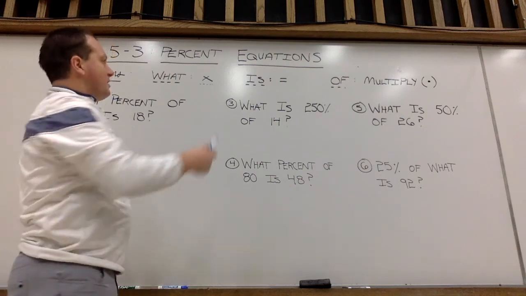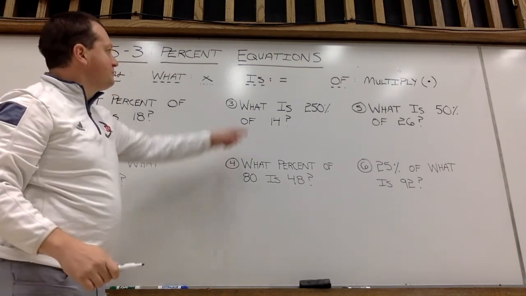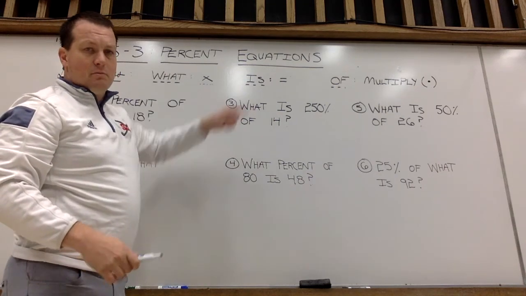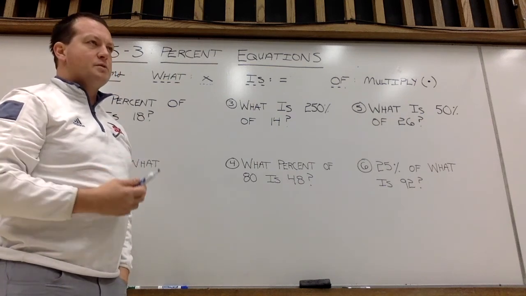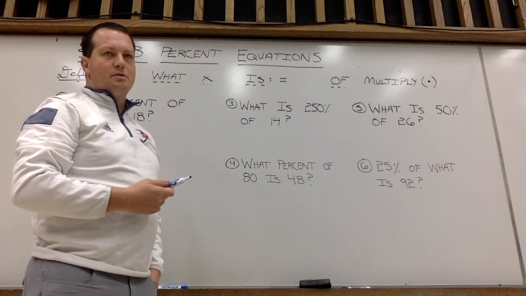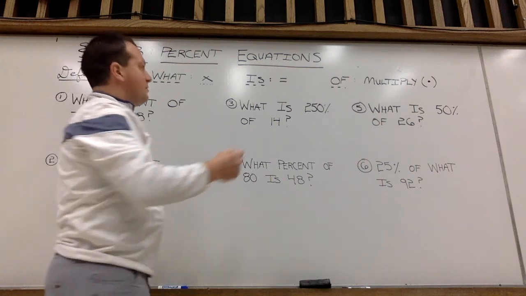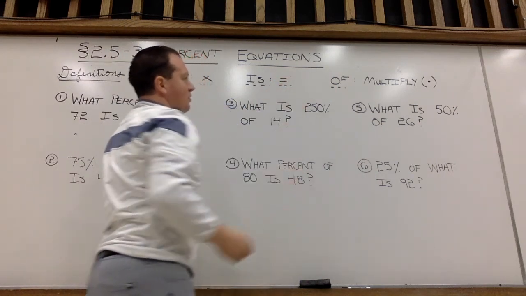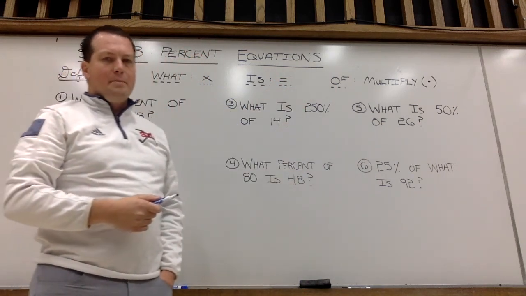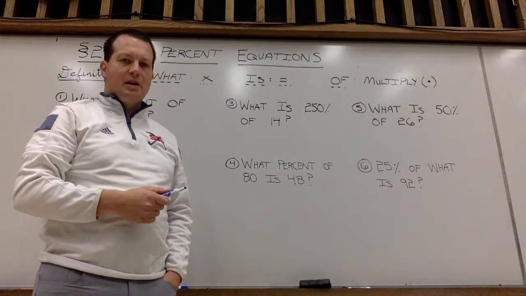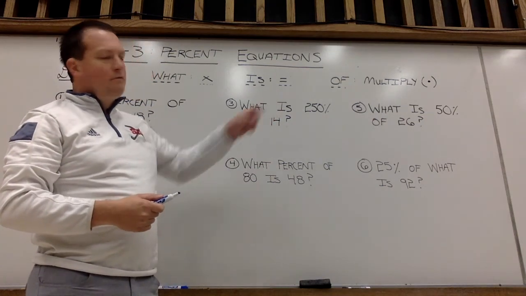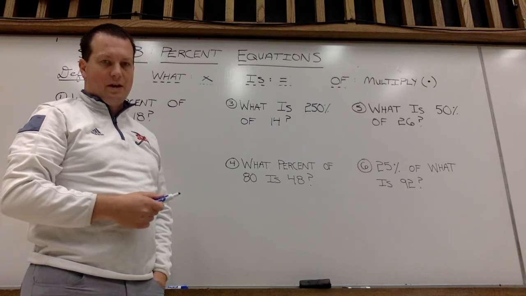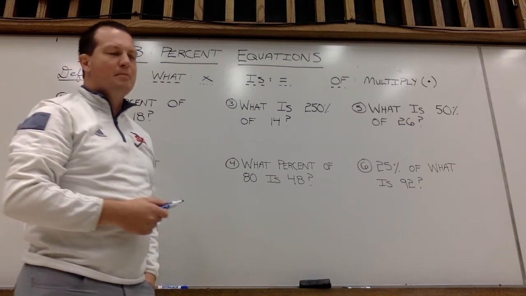I don't know what it is, so I'll call it X. The word is literally means equals. 3x is 15. 3x equals 15. And then the word of, if you go way back to our first day of school, the word of, two letters, big meaning, means to multiply.